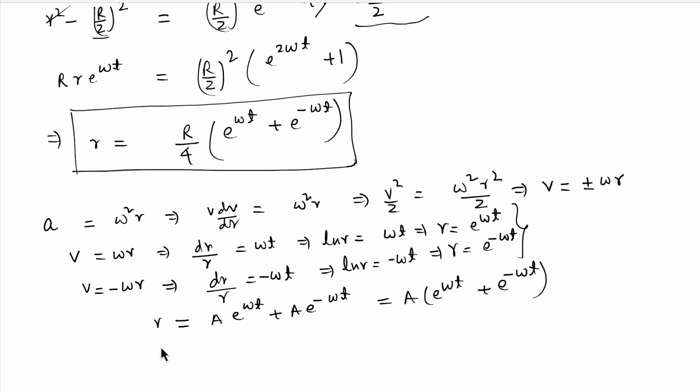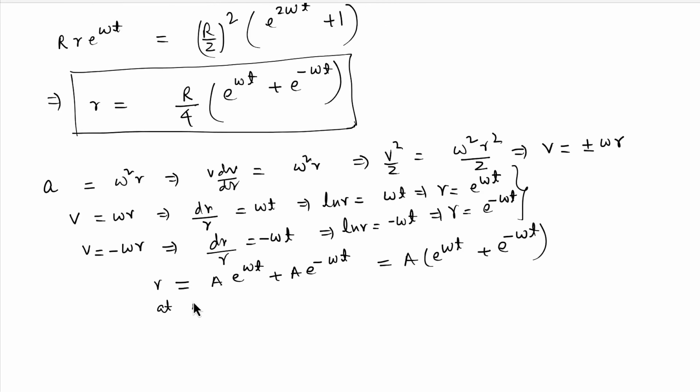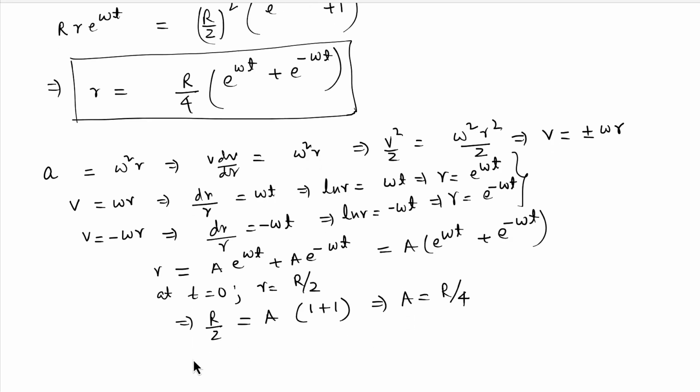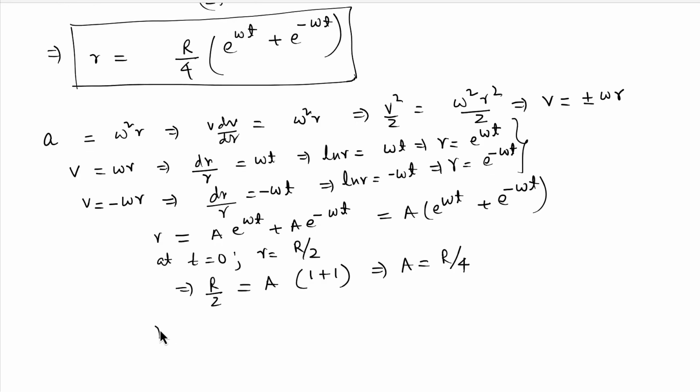And we know that at t equal to 0, r is r by 2, it's given, therefore r by 2 equals a(1 plus 1), which means a is r by 4, and therefore we get the equation as r by 4 (e^(omega t) + e^(minus omega t)).